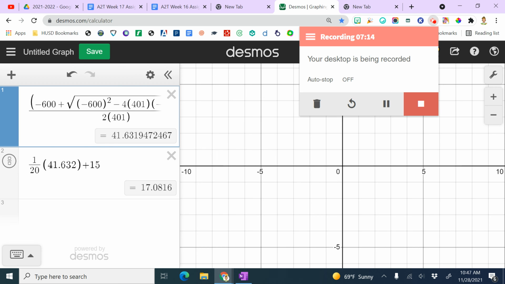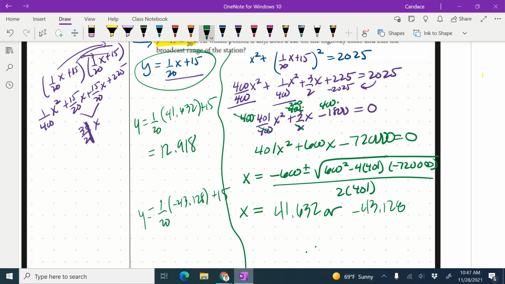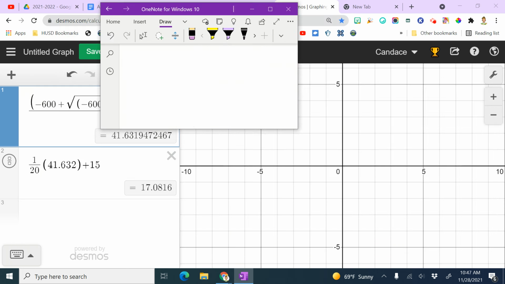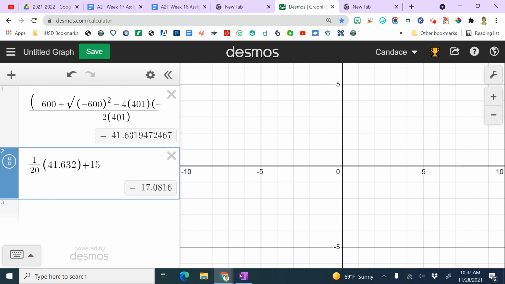All right, sorry, I paused there just for a second just to double check my work. Looks like I was fine. I should have been putting in a positive 41.632. So this is 17.082, really. And then let's put this one in, the negative 43.128. Negative 43.128 is 12.844.